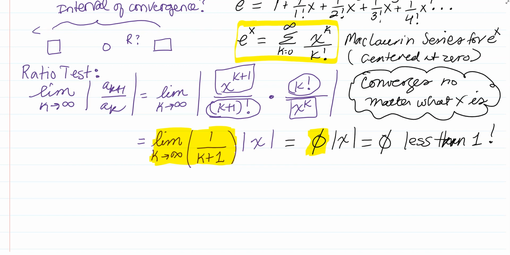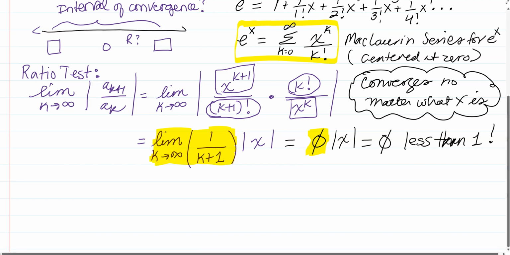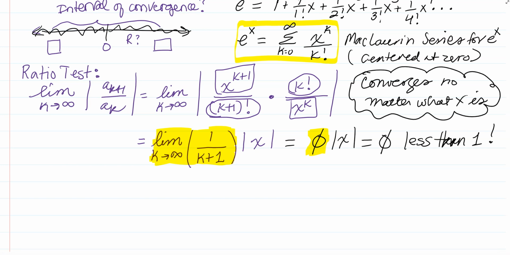So what that means is that our interval of convergence is going to be all the way to the left and all the way to the right. And I'm not sure why that erases what I was writing. But here you go, the interval of convergence is going to be everywhere on the number line because the limit is 0 no matter what x is. So we would say this series holds for e to the x.